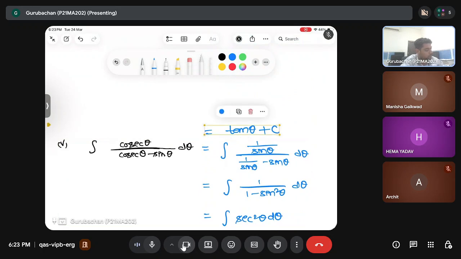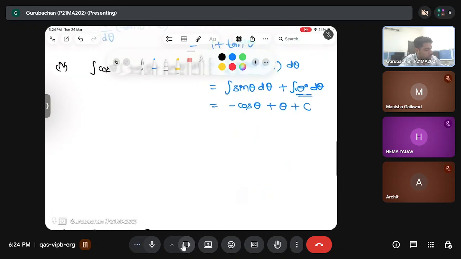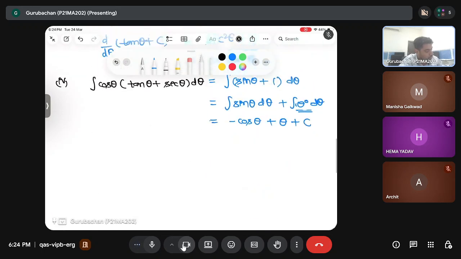In the same way, when you differentiate this one, this will be d by d theta of theta minus cos theta plus some constant.